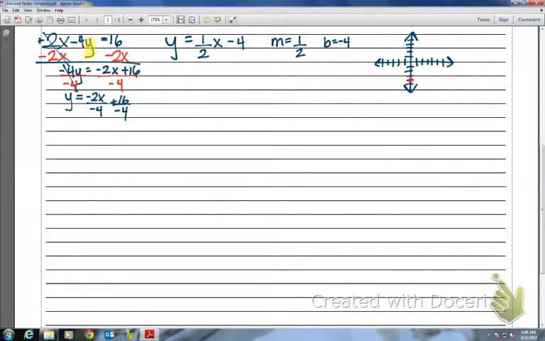So I can either go up 1/2, put a point there, up 1/2, put a point there, up 1/2, put a point there, or I can go down 1/2 and put a point there. And then when you connect those points with a straight line, you get your answer. And then I can go back in and erase my little stair steps again. I don't need those. That just helped me to figure out my slope.